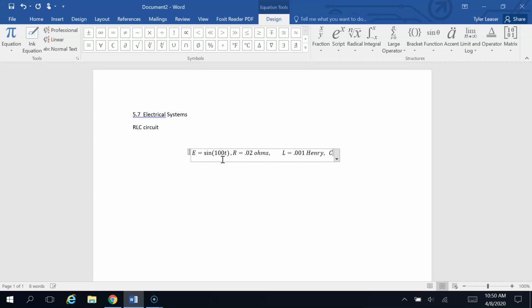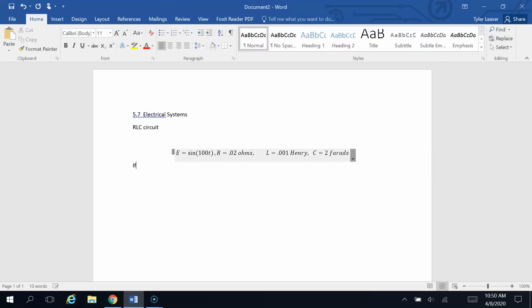And then we're going to have our capacitor just be 2, and this is farads. Okay, so if the initial current and the initial charge on the capacitor are 0, then what we want to do is determine the current in the circuit at time t. All right, so that's the problem.